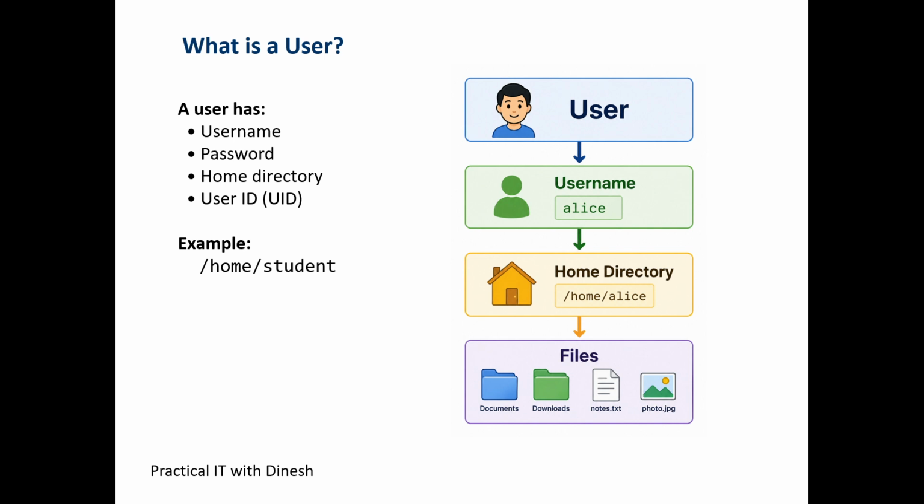This is your personal workspace. And user ID. Internally, Linux identifies users using numbers called user IDs or UIDs. As an example, even though we remember names like student or Dinesh, Linux actually works with numbers.